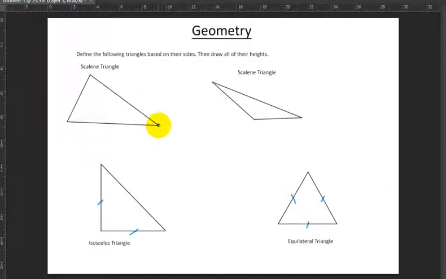So for example, let's say we have this point right here, right? I need to find its distance from this side. What were we doing before? We were finding the distance between points and lines. Well, that's what we need to do now as well. We need to find the distance between this point and this line.